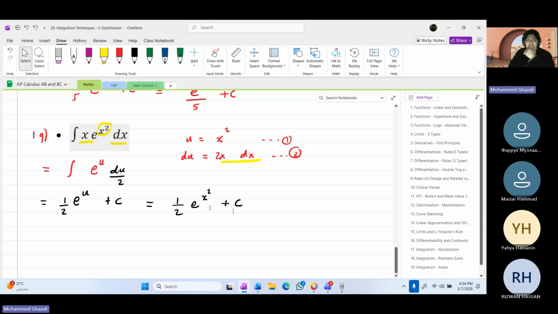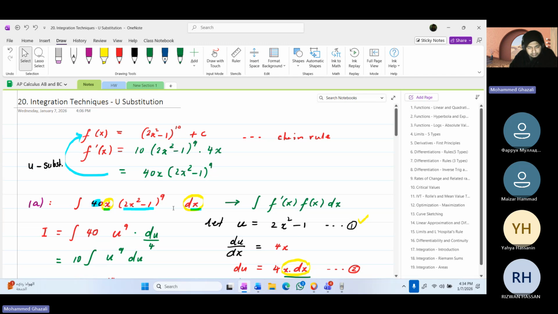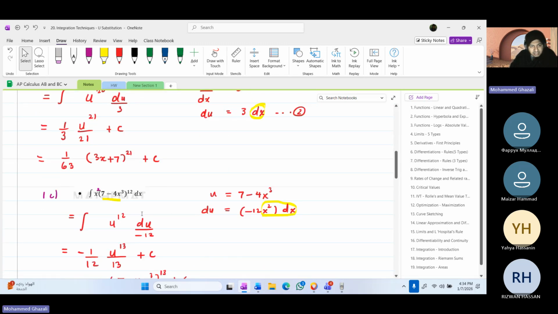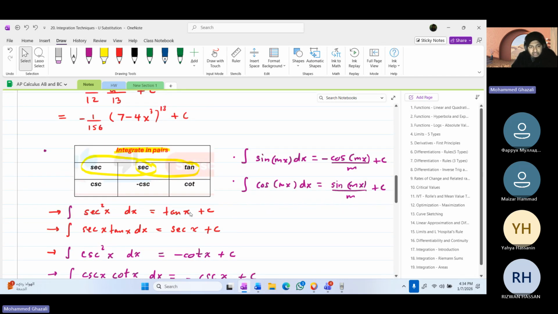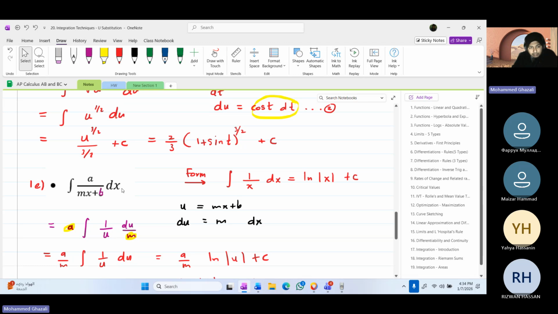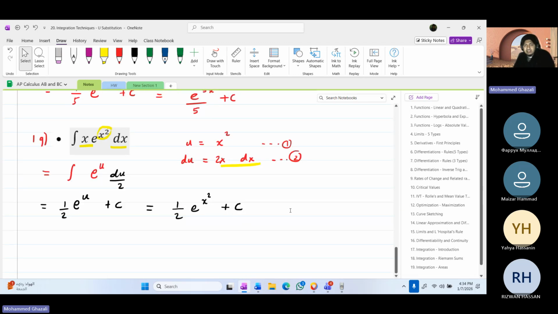So how many rules did we learn? Let's just recap. We have polynomial functions, trig functions, ln form, exponential form, right? That's it. And everything over here is using u substitution.